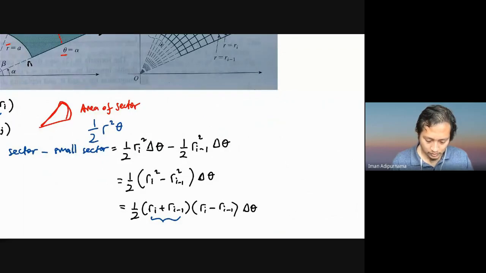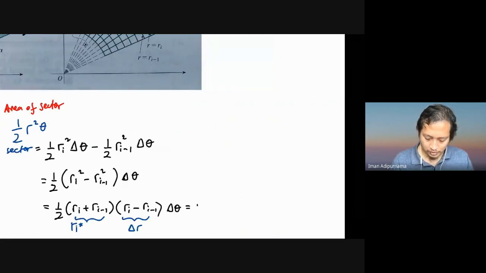So this is Ri, and then this will be the delta r. So all in all, this will be Ri with asterisk, delta r and delta theta.